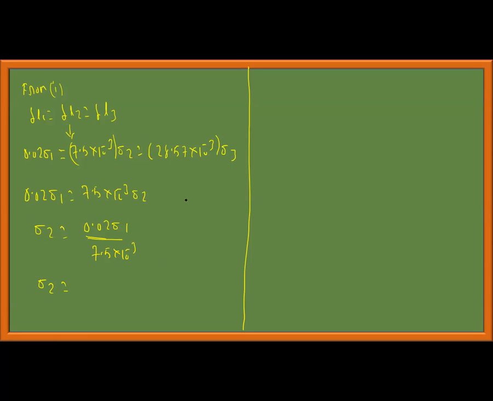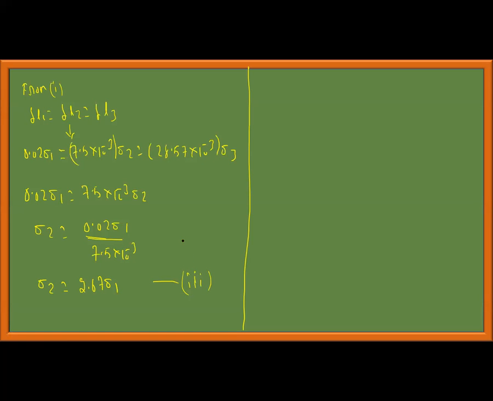This I will call the next relation. What is sigma 2? It's 2.67 into sigma 1, right? Why did you take so long? 2.67 into sigma 1. I'll call this equation 3.